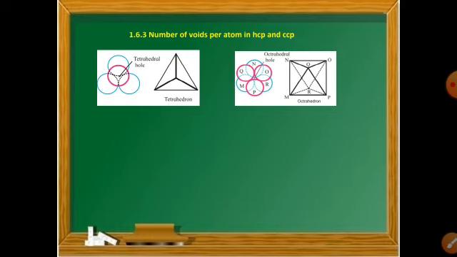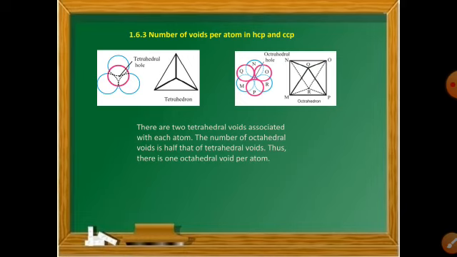If you combine those two, you will get an octahedron, or the shape is called an octahedron, but the space we get, or the void we get, is called an octahedral void.